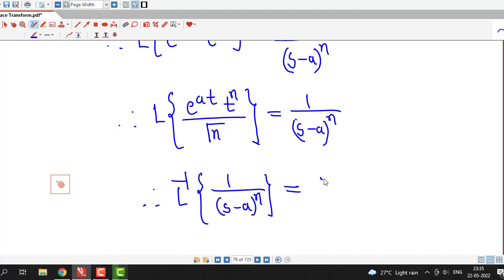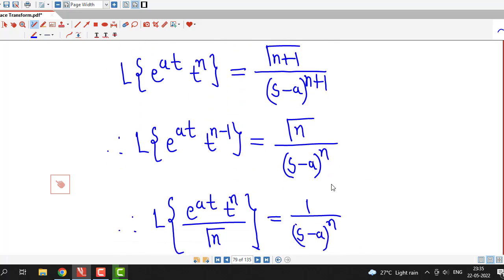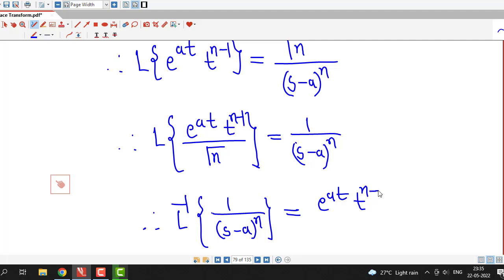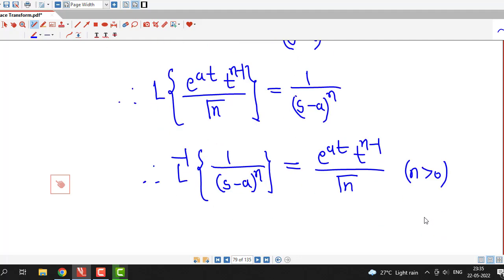This is equal to e raised to at, because we have s minus a, and t raised to n minus 1 divided by gamma n, where n is any positive real number.